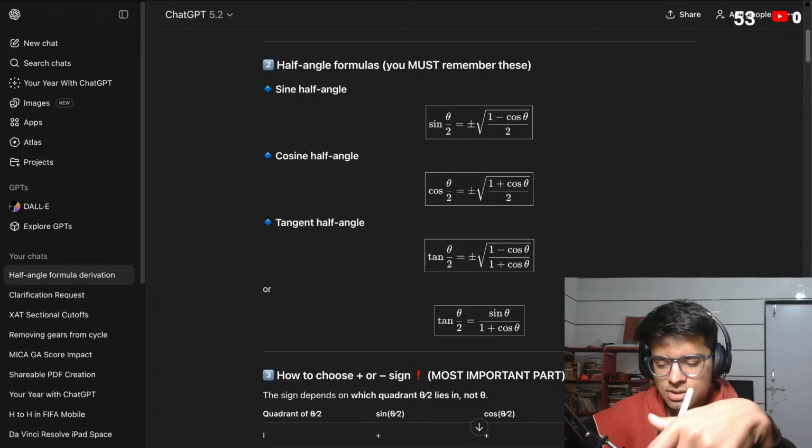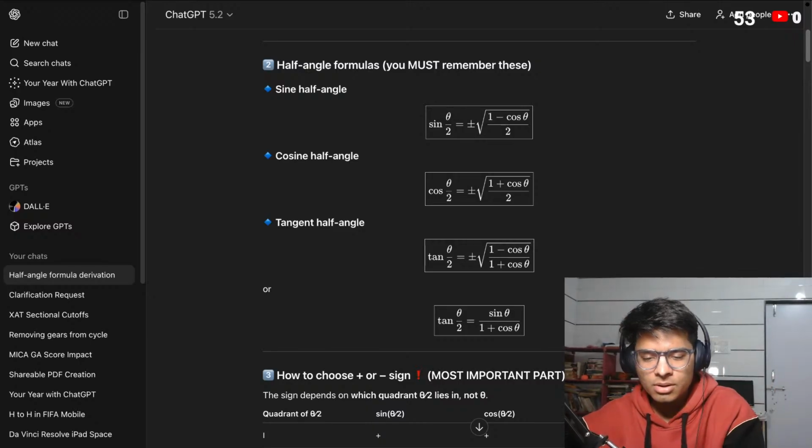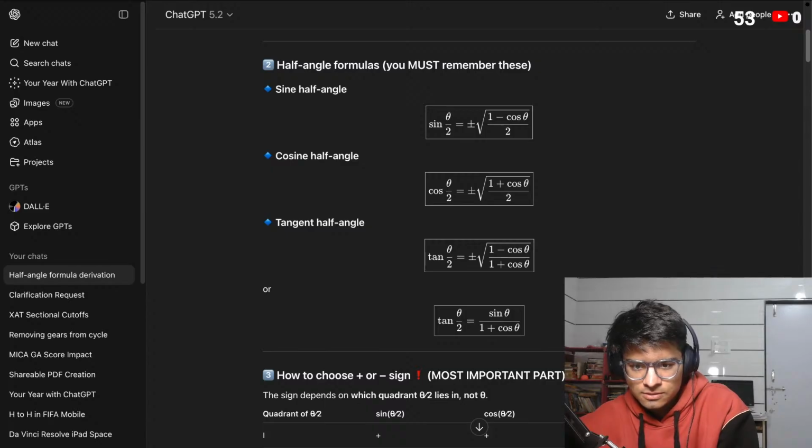Basically we mixed above values, so I don't really need to remember this value for tan theta by 2, which eventually means tan theta by 2 is sin theta upon 1 plus cos theta.